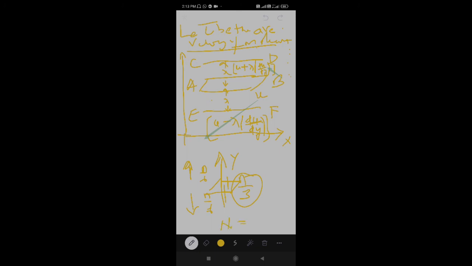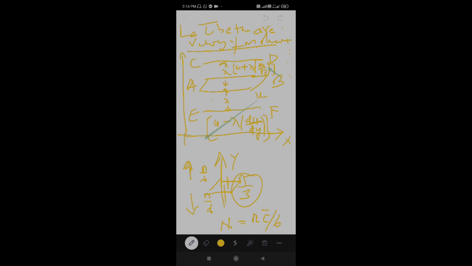n is equal to, first of all let us write this small n c bar by 6. Why? Because n by 6 molecules are either moving up or moving down. So the number of molecules passing through this layer either upwards or downwards per unit area per unit time is given by n c bar by 6.